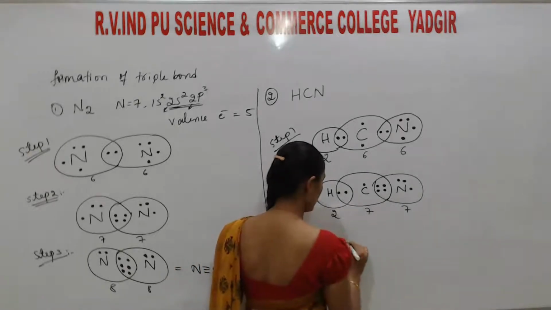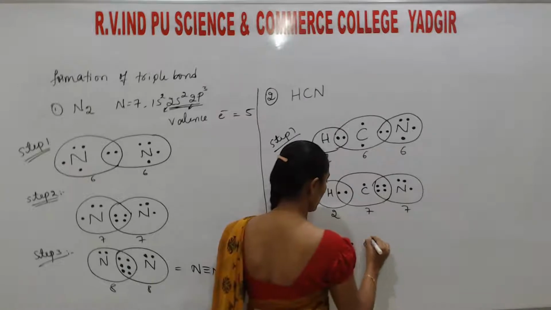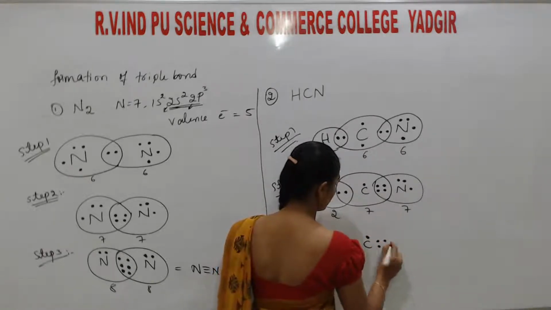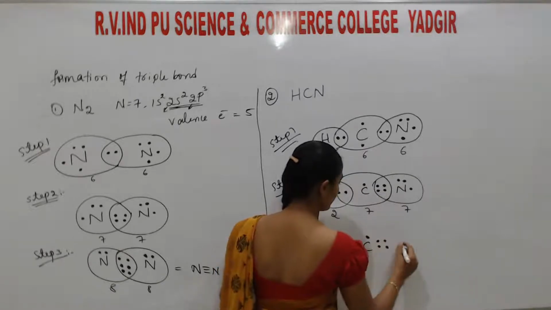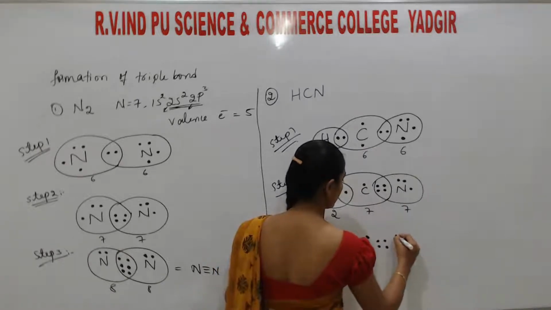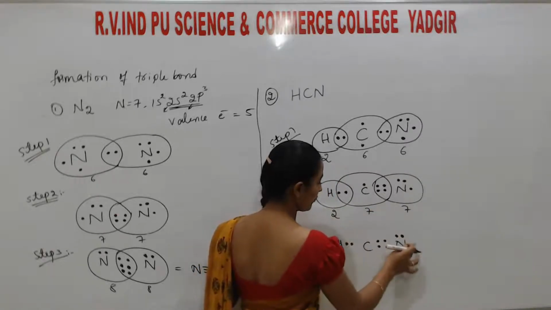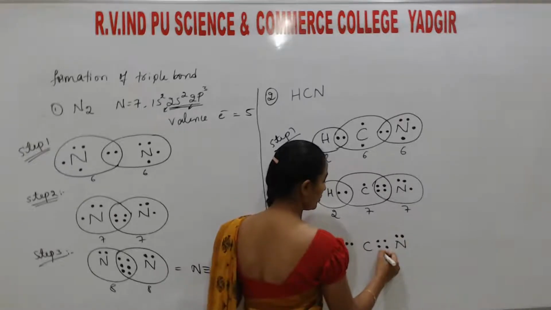So there is hydrogen, carbon, nitrogen. So listen here, this electron of carbon, this electron of nitrogen again form a bond.